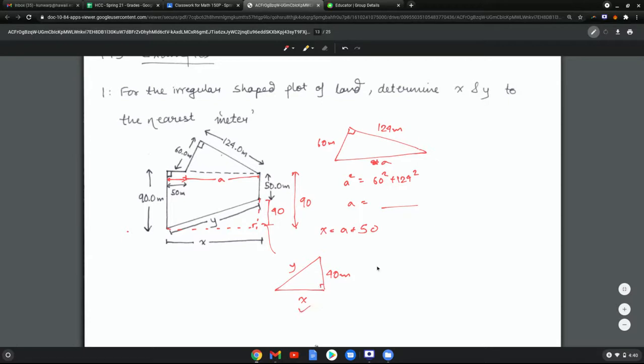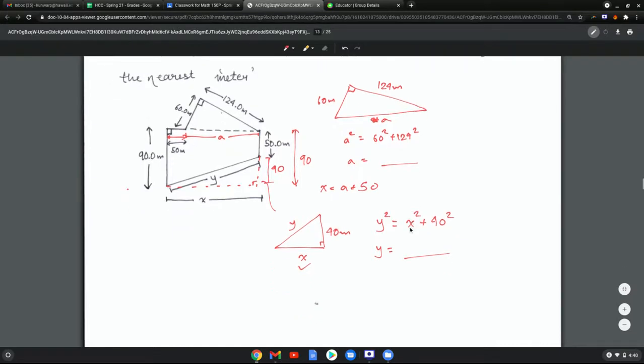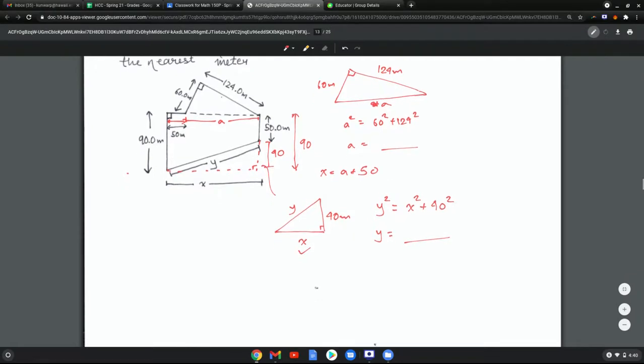And I have X. I can find Y squared as X squared plus 40 squared, and thus I can find Y. Okay, so I've outlined the process for finding it. I'll ask you to complete this on your own, and then you can verify the answers, which will appear as a different problem on Google Classroom.